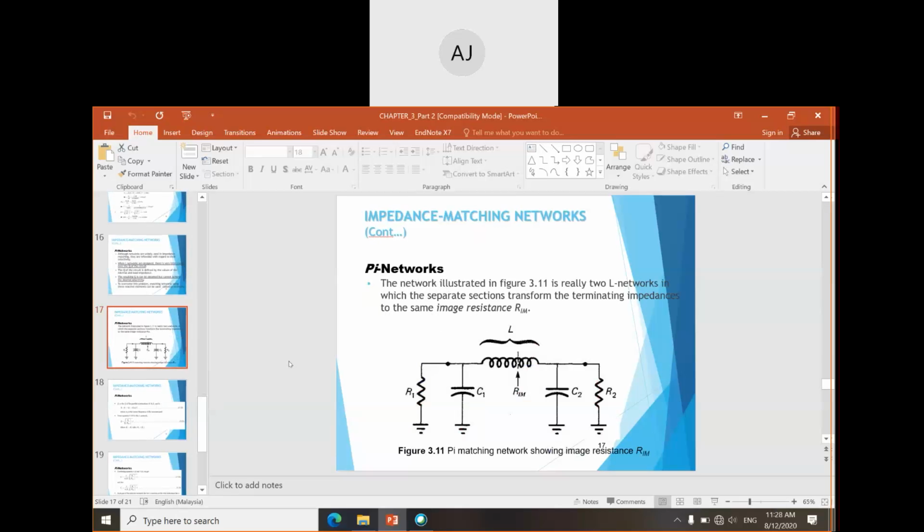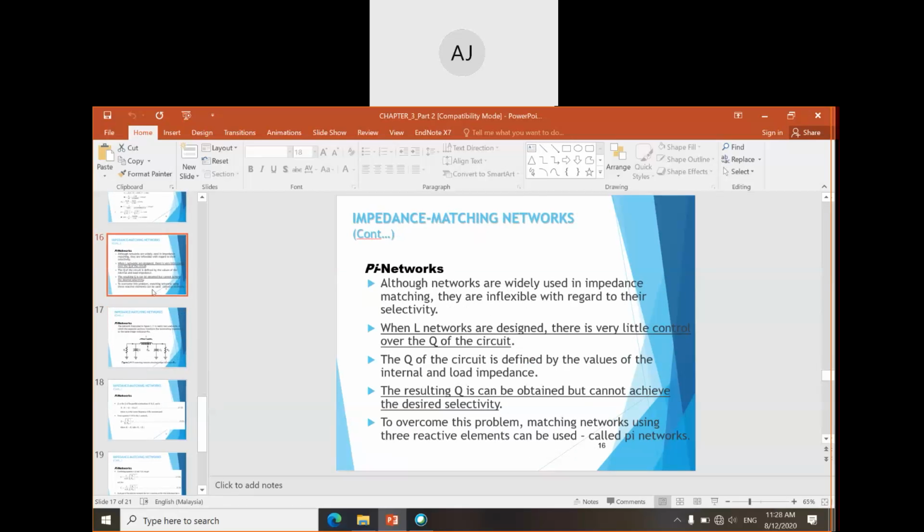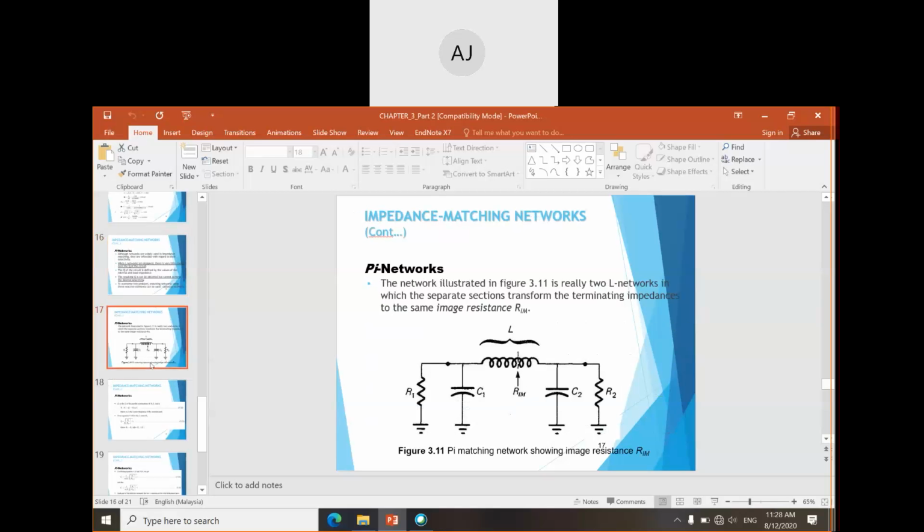However, the bad thing about the PI network is we cannot achieve the desired selectivity. In other words, the performance of the circuit will be less than normal when we use the PI network for impedance matching, because just because we can control the Q, it doesn't mean the Q is operating with very good performance.